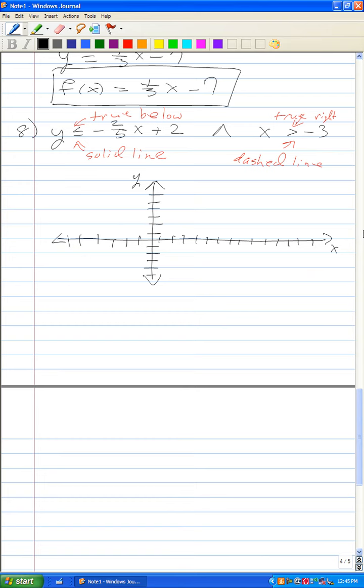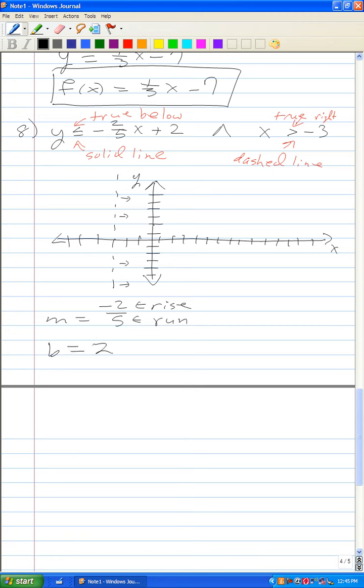Okay, so we have here x equals negative 3, so it's a dashed line. And it's true to the right, so it's true in this direction. Next, we have, oh, so the slope of this line is negative 2/5. Rise over run. And the y-intercept is 2.